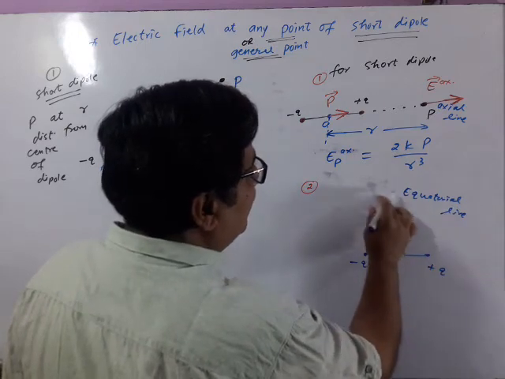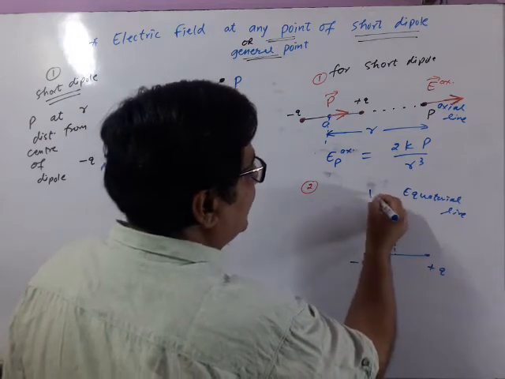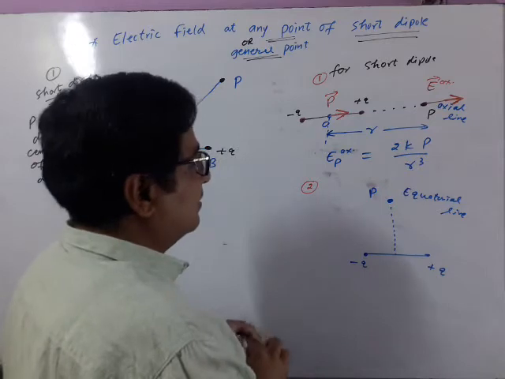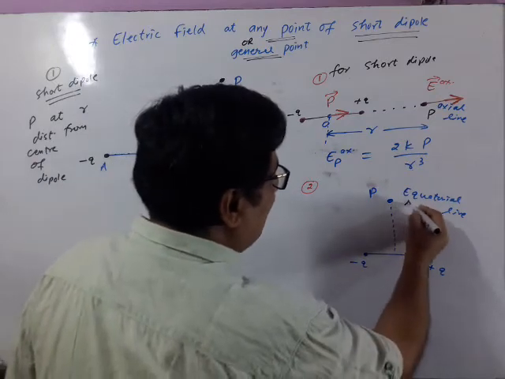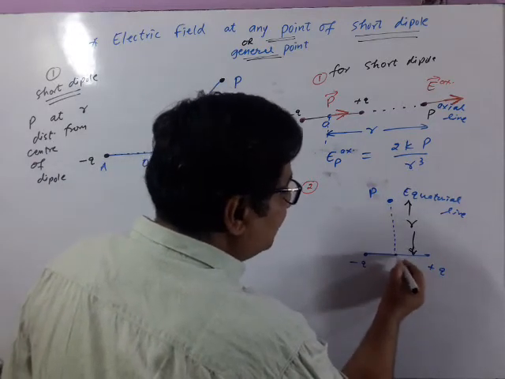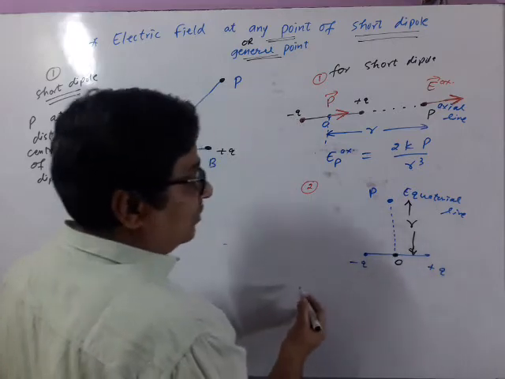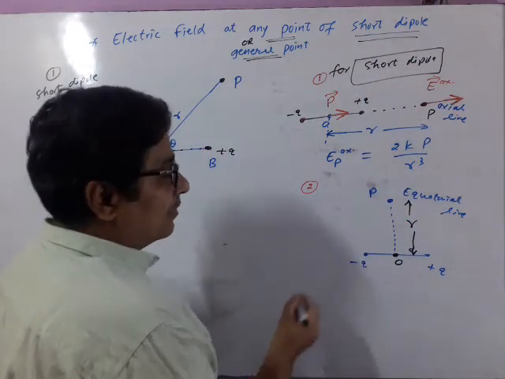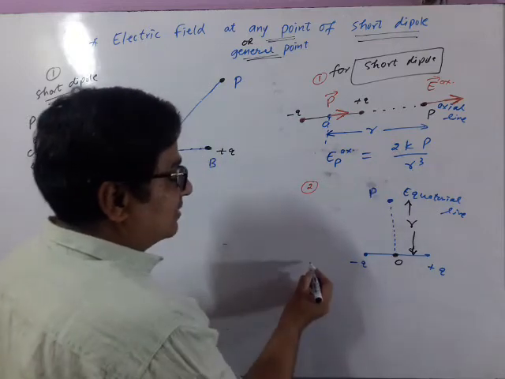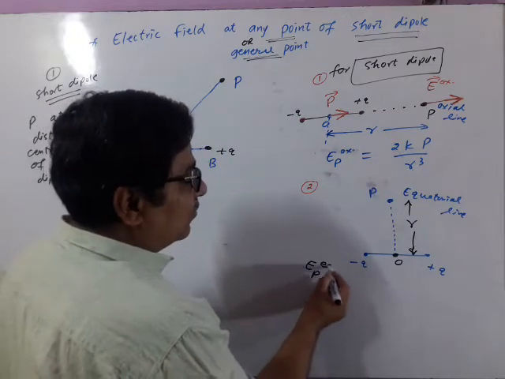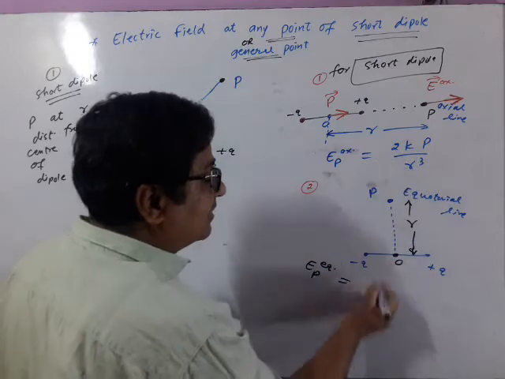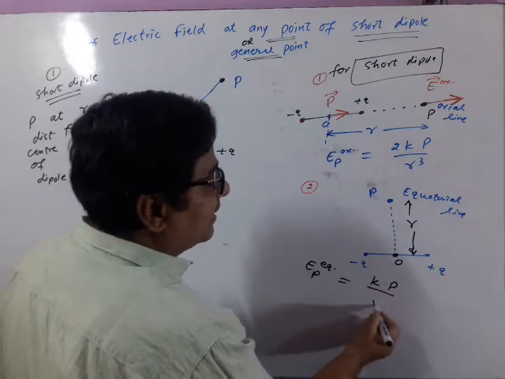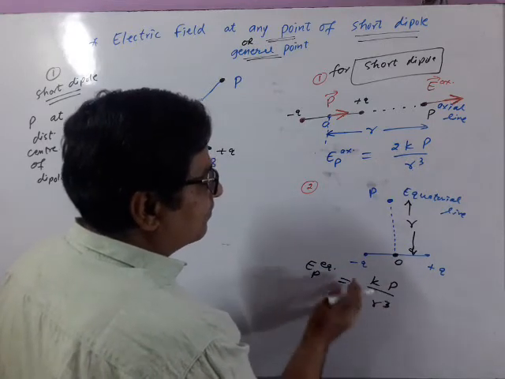Now we are concerned about the electric field at any point P at a distance r, again from the center of the short dipole. This is the short dipole we are talking about. Then the answer is half of this. The electric field at any equatorial point is half of this, that is kp by r cube.